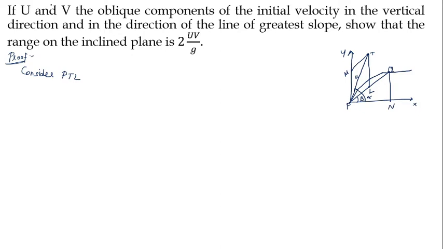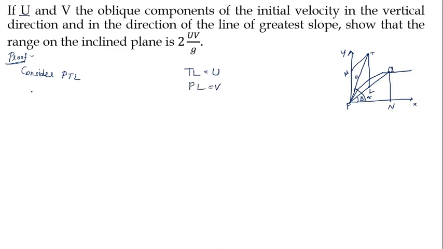So we have the condition U. What is our U? Our U is the oblique component of the initial velocity in the vertical direction. So the initial velocity in the vertical direction is TL. So our TL is U, right? Then V is the oblique component in the direction of the line of greatest slope. The greatest slope is PQ and the line of the greatest slope is PL, right? So PL is V. So consider PTL, it is a triangle.